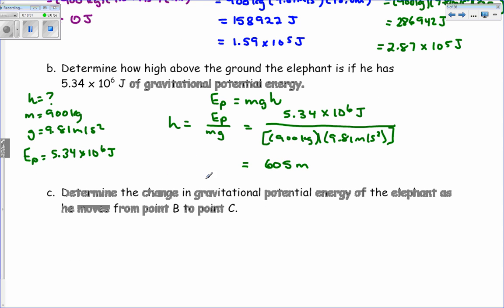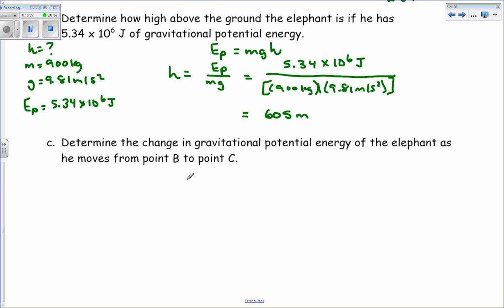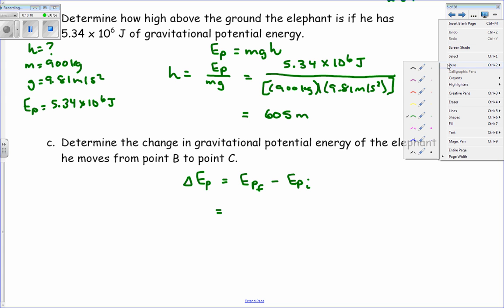Okay, and determine the change in gravitational potential energy as he moves from point B to point C. So change in potential energy, remember that change means final minus initial, so EP final minus EP initial. So final is going to be at point C, right?